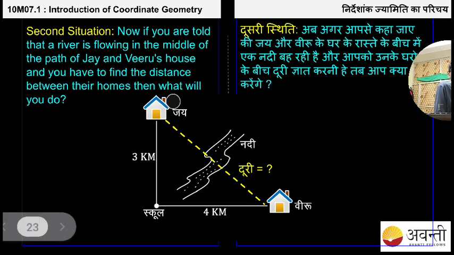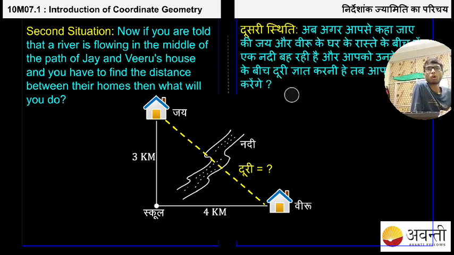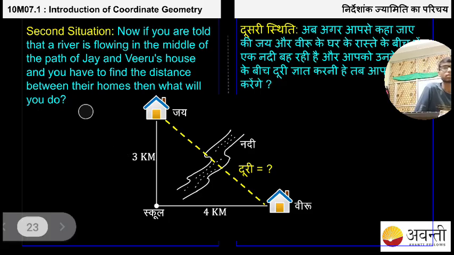Second situation. Now if you are told that a river is flowing in the middle of the path of Ajay and Veru's house, and you have to find the distance between their homes, then what will you do?